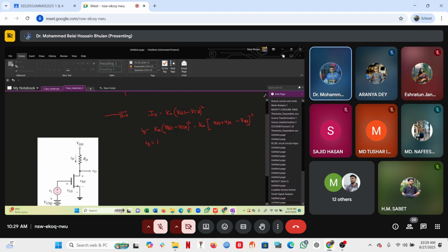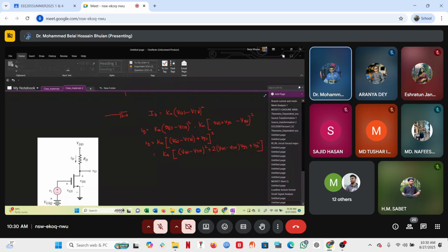Now I just write it in this way: Kn times ((VGS minus VTN) plus small signal VGS) whole square. If I expand it, Kn (VGS minus VTN) whole square plus 2 Kn (VGS minus VTN) times small signal VGS plus small signal VGS square.